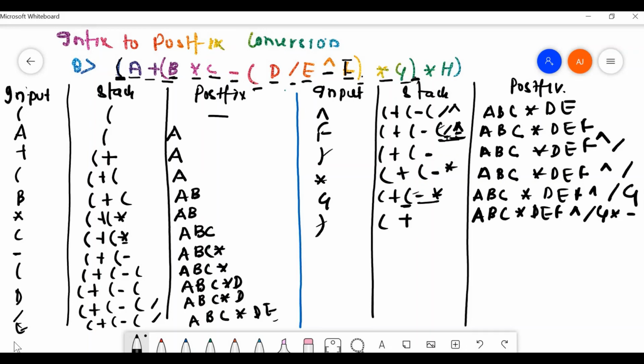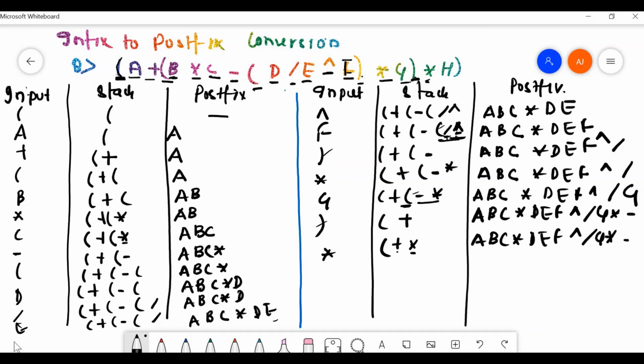I think this bracket is over, so we have into is there, so plus into, because it has higher precedence it doesn't pop out, so A, B, C into D, E, F, power divide G, into minus.